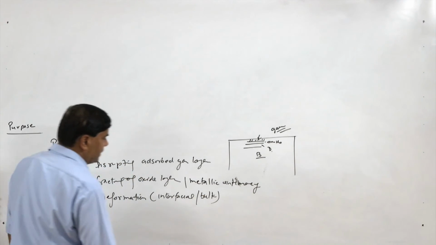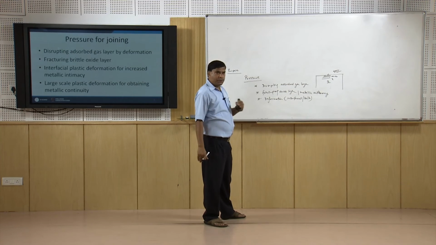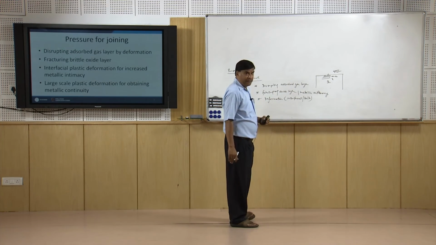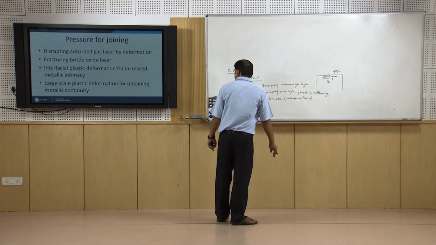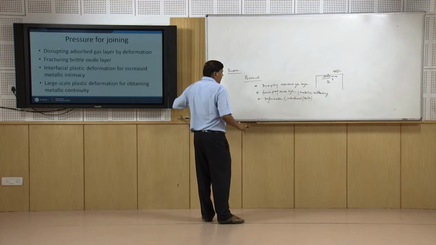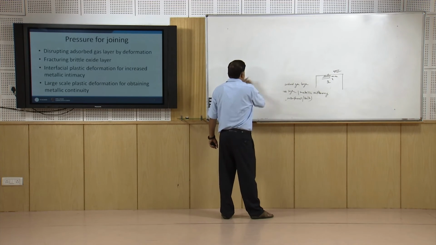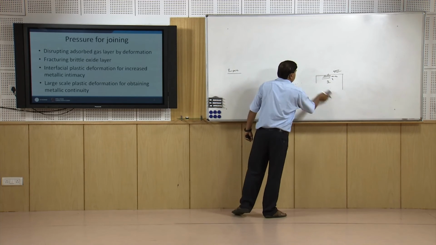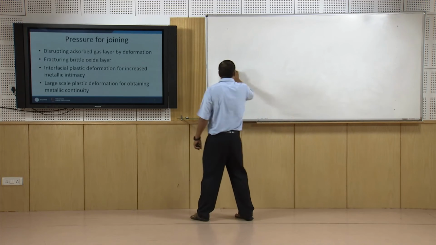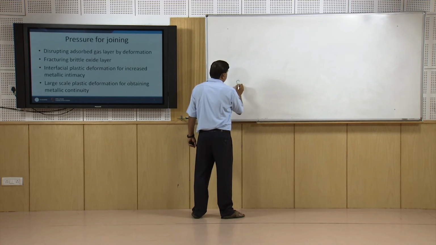Interfacial deformation is achieved in the ultrasonic welding process and the explosion welding process, and the bulk deformation is in friction welding, forge welding, etc. So, these are the three purposes achieved with the help of applying pressure, irrespective of the joining process in which it is used. One or more purposes can be achieved through the use of pressure in those joining processes where pressure is used as a major variable.